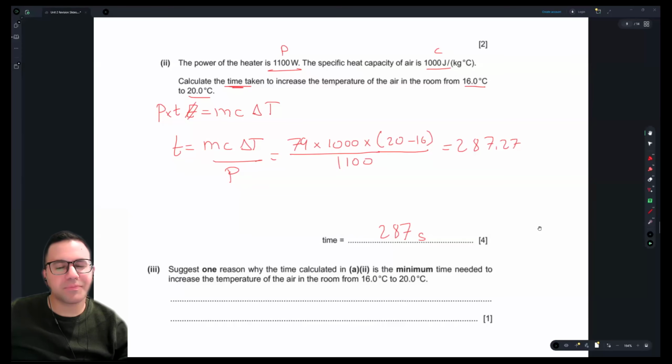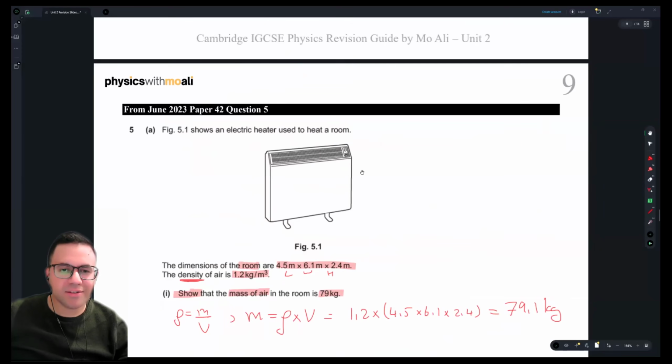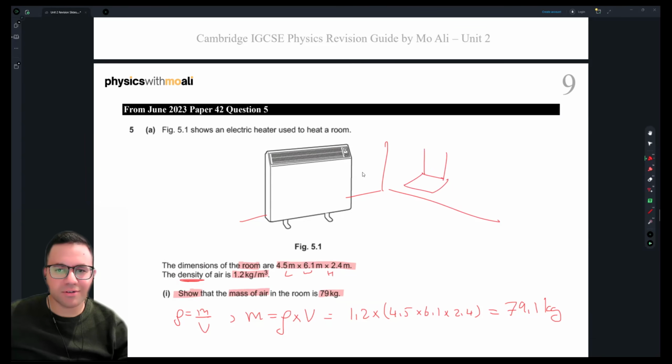Because here's the thing. Who said the heater is just heating the air in the room? You have the room, but then you could have a chair in the room. You could have a TV in the room somewhere. You could have a PS5. I know I don't.